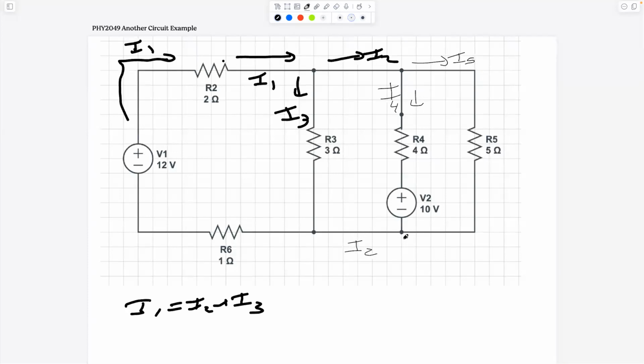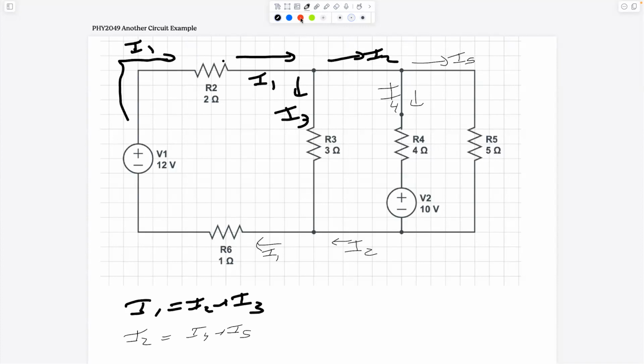This is I2 again, because I4 and I5 came back together there, and then I3 and I2 are joining back together. So we'll have I1 again down here. Okay, so I get a second equation from a junction rule there. I2 will be I4 plus I5.